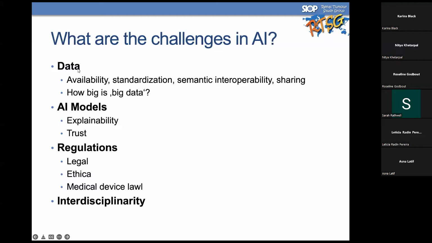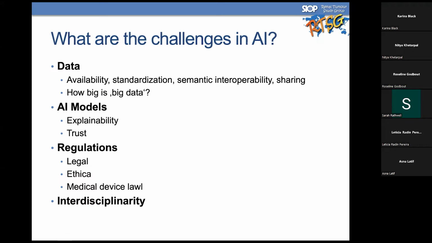And the questions we have to ask are about the availability of the data. How can we standardize data? What is the semantic interoperability of data? How can we share data? And this is especially true for pediatric oncology: how big is big data?